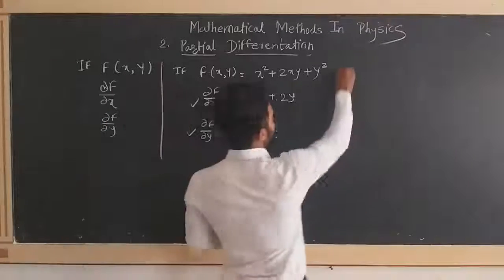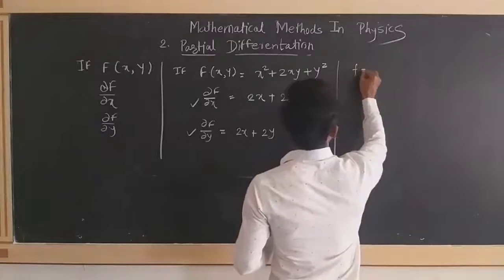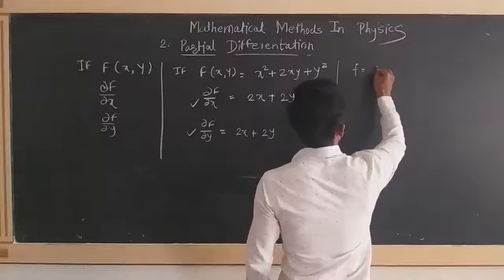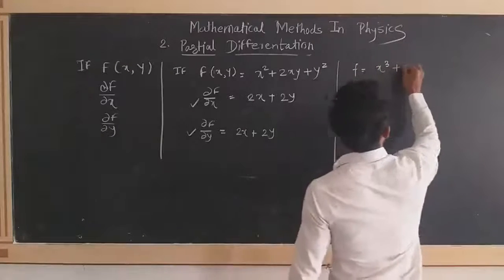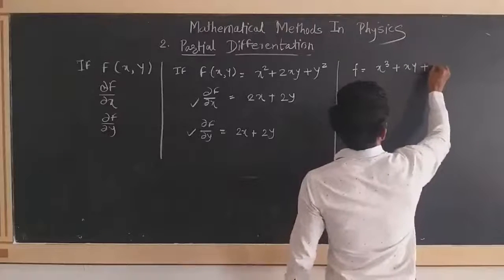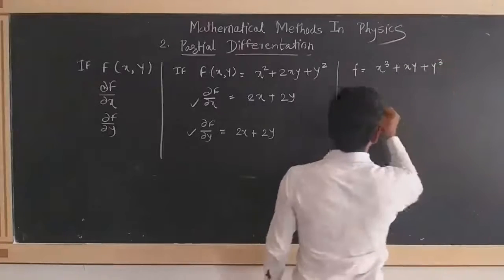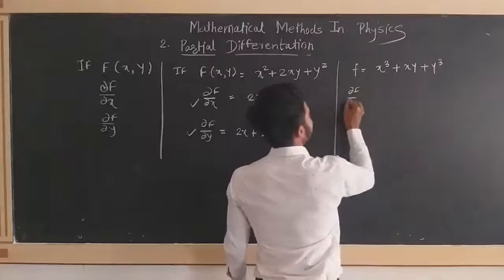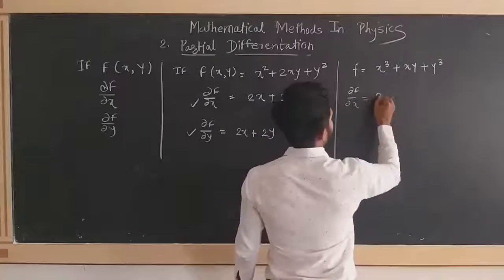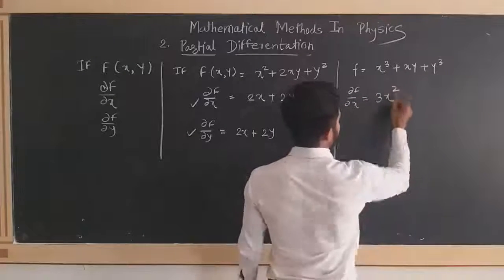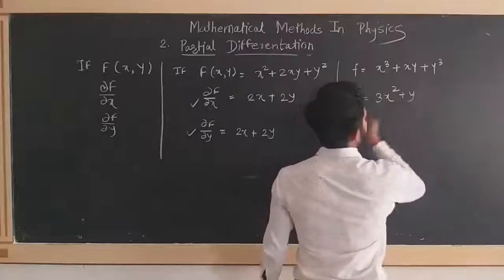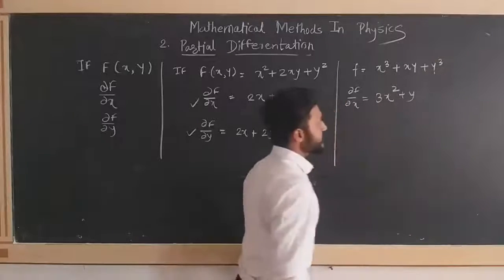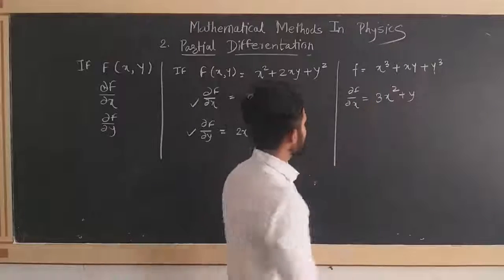Similarly, one more example. If f is a function of x and y, and it is x cube plus xy plus y cube. So ∂f/∂x we can find as 3x square plus y, and this is the constant and its differentiation is 0.